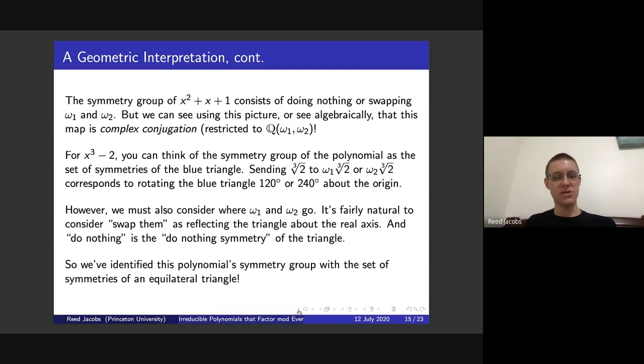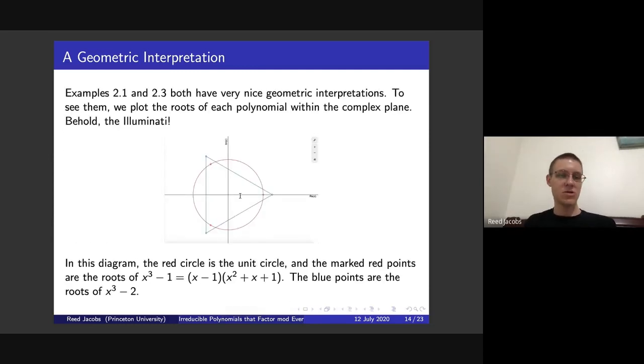And then for x cubed minus 2, you can think of the symmetry group of the polynomial as the ways to rotate and reflect the blue triangle here. As an example, let's say we have the map that fixes omega 1 and sends the cube root of 2 to cube root of 2 times omega 1. Since omega 1 is fixed, sigma preserves multiplication.